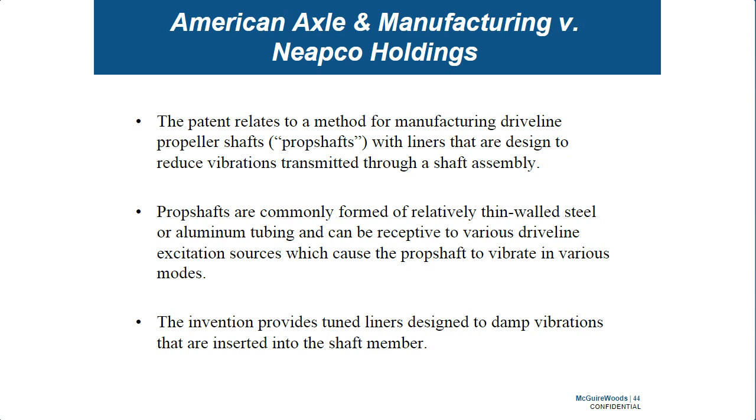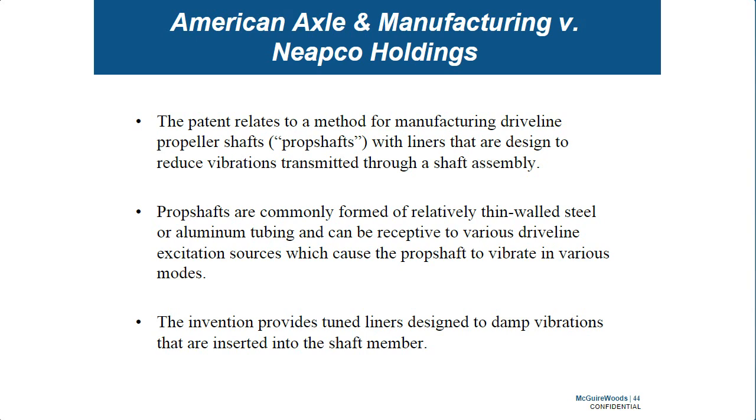because it may have a significant impact on biopharmaceutical patents. So this patent actually relates to a method of manufacturing propeller shafts for automobiles. So you have these shafts, they have liners which are designed to reduce vibrations transmitted through a shaft assembly. What happens here is you insert these liners, which are tuned to reduce vibration, okay?